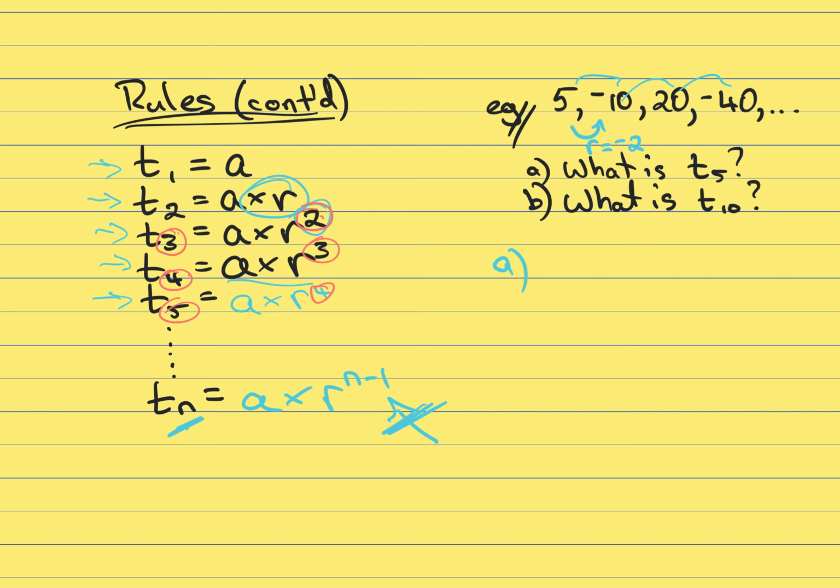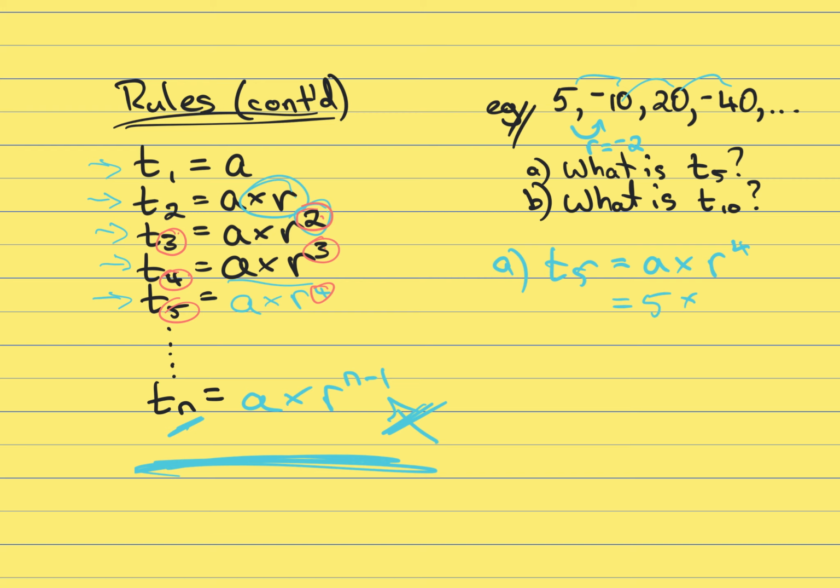Part A says, what is term 5? So we have term number 4, which is minus 40. Actually, I'm not going to do it like that. I'm going to use my more general rule. So term number 5, using the rule that we've just found, is going to be A multiplied by R to the 5 minus 1, or 4. A is the first one, that's 5.